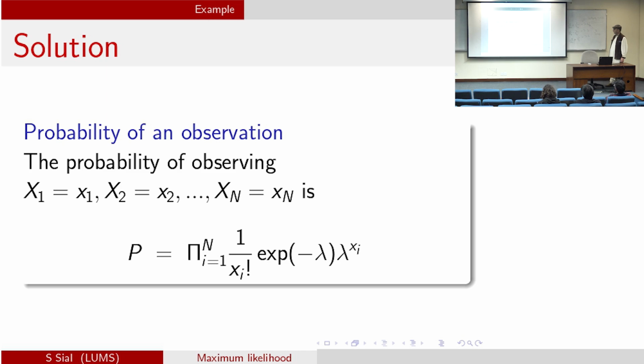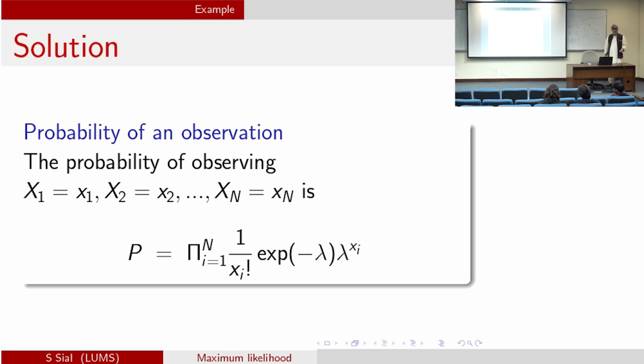Let's say we observe that X1 takes the value small x1, X2 takes the value small x2, Xn takes the value small xn. So we're watching all of these. We do our experiment, and we get some values for these random variables at the end of the experiment. What's the probability of getting these values?